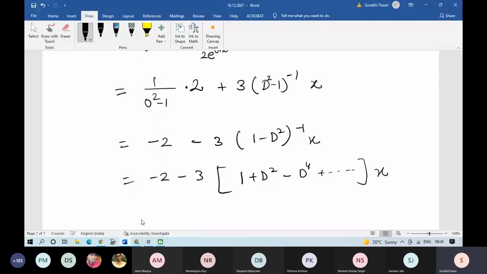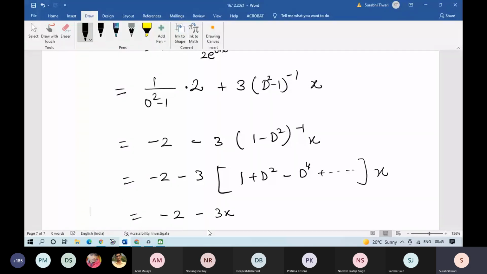नाउ इसमें कितने टर्म्स लेने हैं, how many terms we have to take in this. जितने एग्जिस्ट करें आपके पॉलिनोमियल पे अप्लाई करने के बाद, जैसे when you apply 1 on x you get 1, -2 -3x ये मिला.